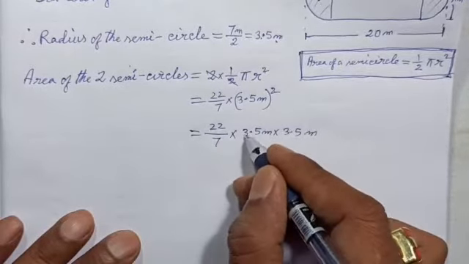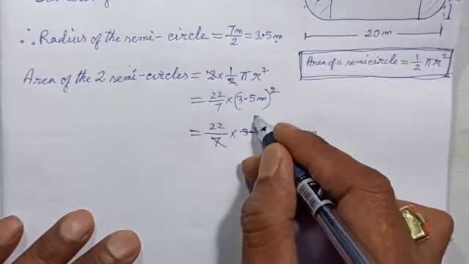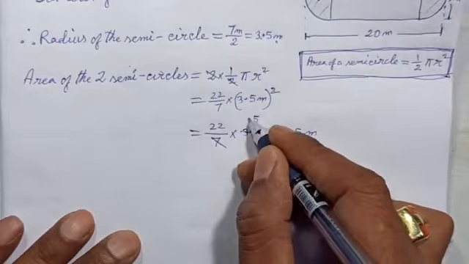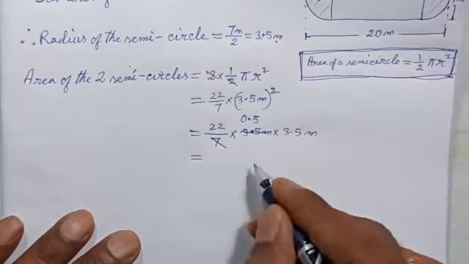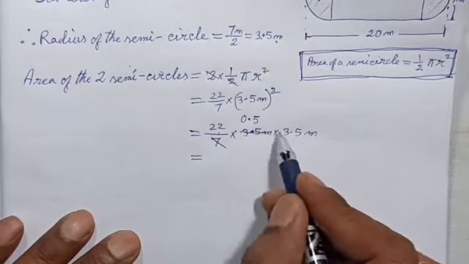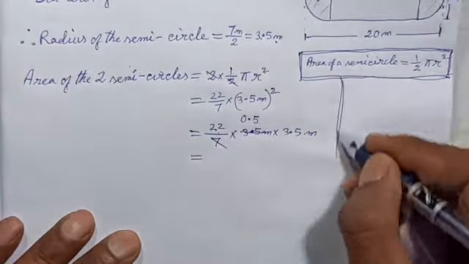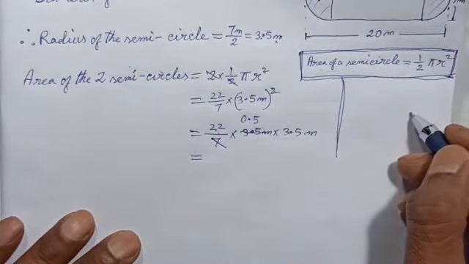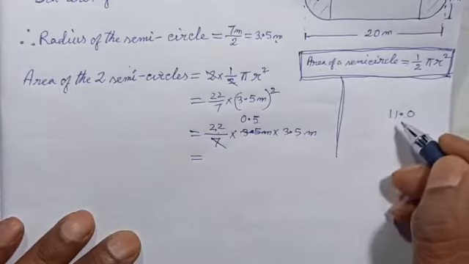This 3.5, let us divide by 7. 7 fives are 35. Since here is the decimal point, the point will come here, so this is 0.5. Now let us multiply 22 into 5 into 3.5. If 22 and 5 are multiplied, then we'll get 5 twos are 10, 5 twos are 10, 11, we'll get this, 11.0.